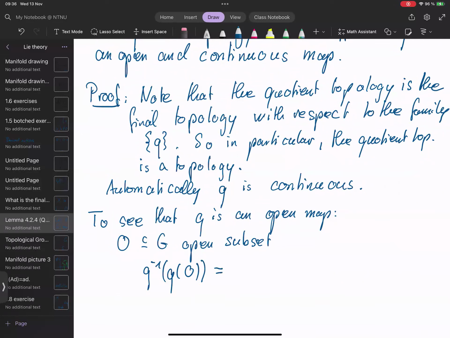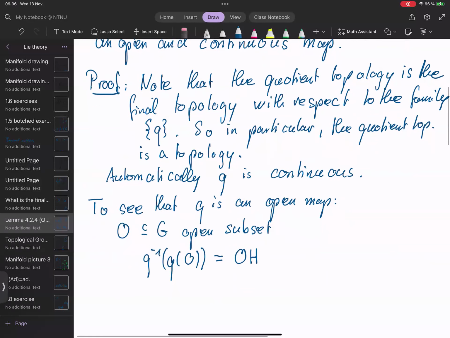But by definition of what this quotient map is doing, that it sends every element to its coset, we have a formula for this pre-image. This is just the set O, and then we have to collect all of the elements which lie in the coset with respect to this. So this is the set O times H, or in other words, all the products of elements inside O with elements of H in that order.